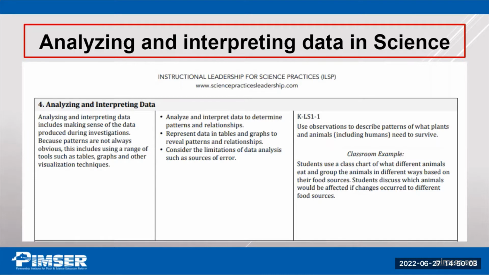Here you see their definition of analyzing and interpreting data from the perspective of the science practices. Take a few minutes to read through this definition on the left and the bullet points in the center that help show what students do. There's also a sample performance expectation and a classroom example from the NGSS.